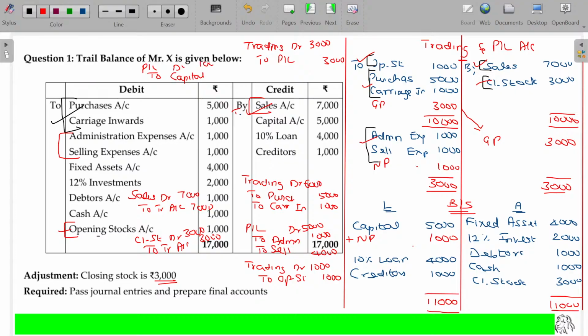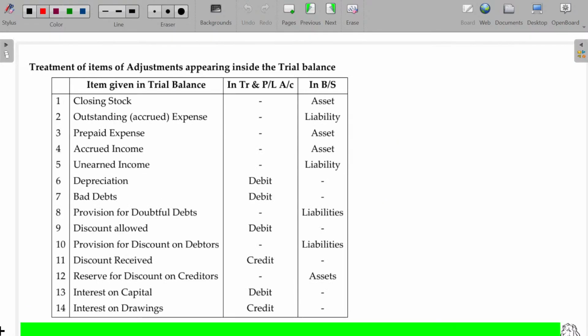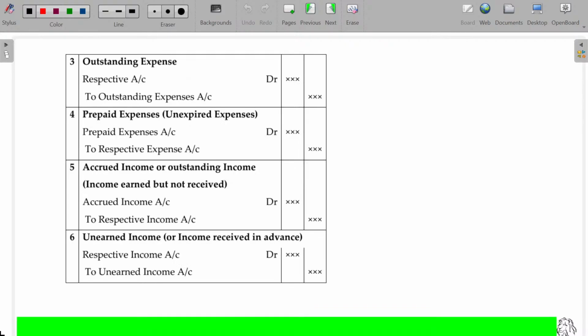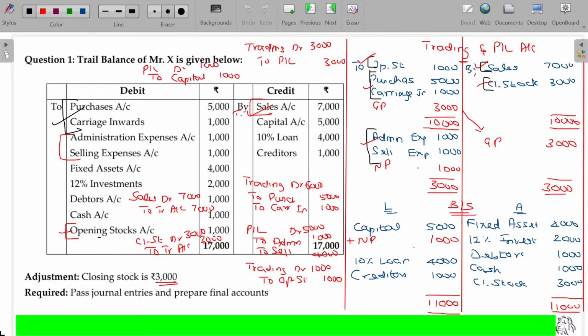Hope you will now be able to understand the transfer entries logic. So we have completed this part, opening stock and closing stock. Not only that, for all other assets, means all other items transferable also be recorded in the transfer entry here. Clear?